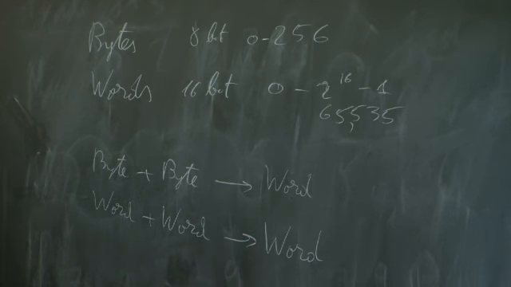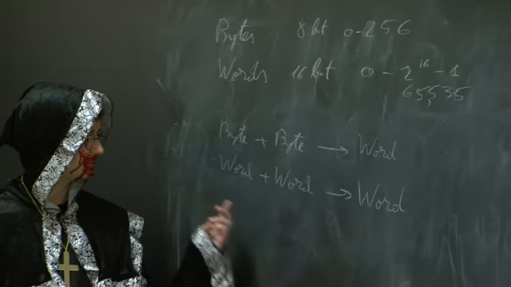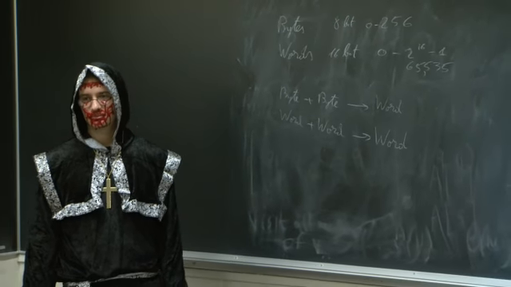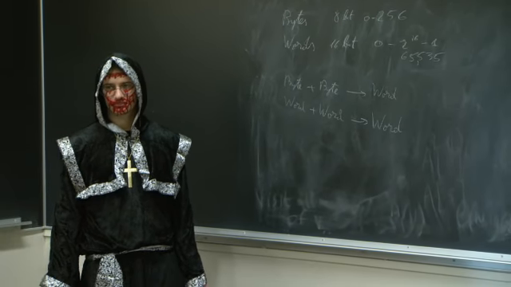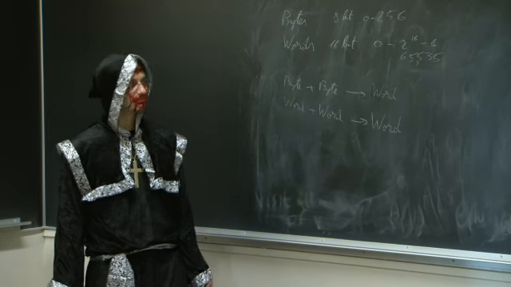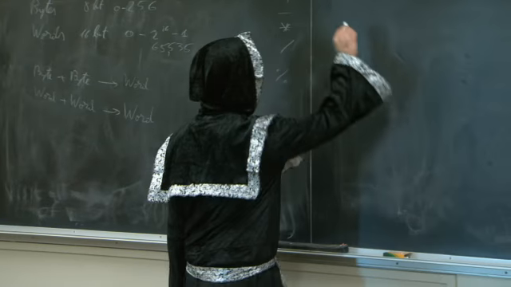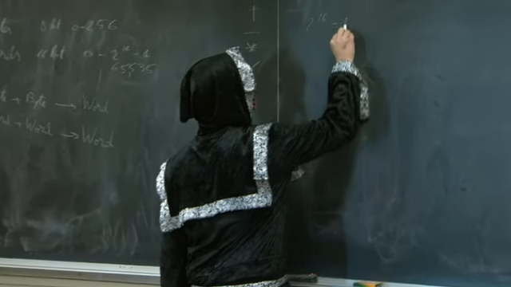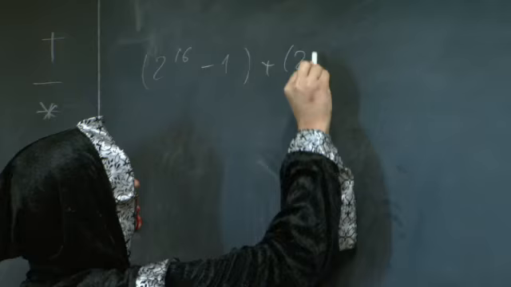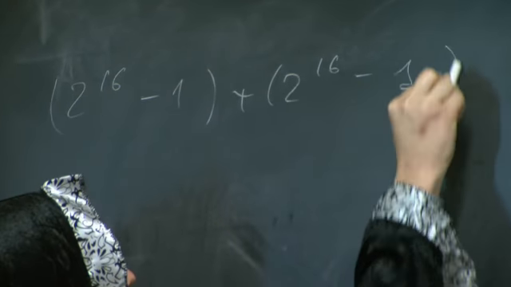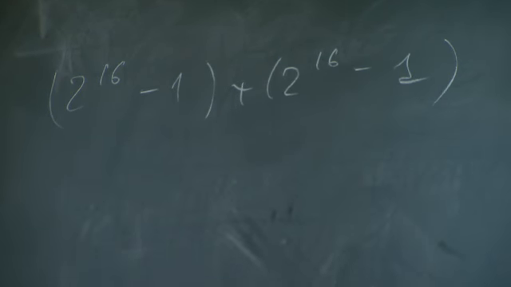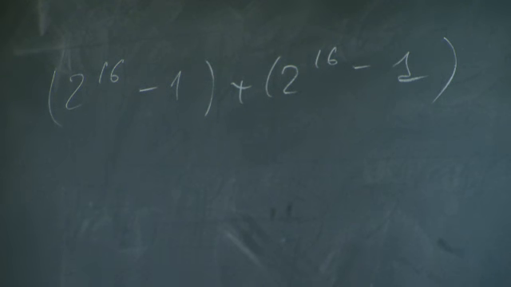Why do we care about the carry bit? What's the problem if you do addition this way? If you're going too high, if the highest bit is 1 on both of them, then it's like overflow kind of. Yep. So suppose we're trying to add 2 to the 16 minus 1 plus 2 to the 16 minus 1. By the way, does anyone remember hex notation, hexadecimal? OK, people who studied the pset remember. That's good.